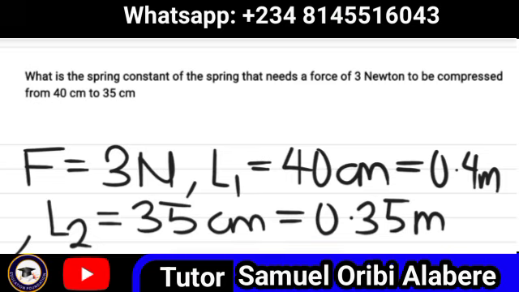So these are the following parameters we have gotten from the question. Now we are expected to find the change in length in the spring. We should not forget that the spring was compressed. So the change in length will be represented by a negative sign to show that it was compressed. So let's go about solving that.